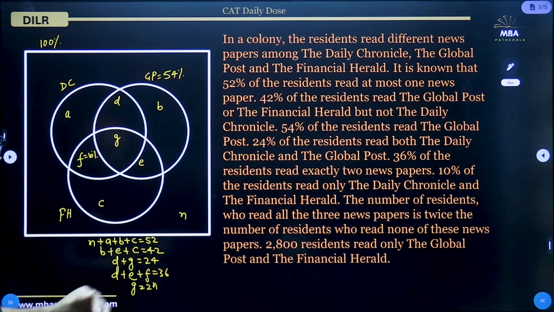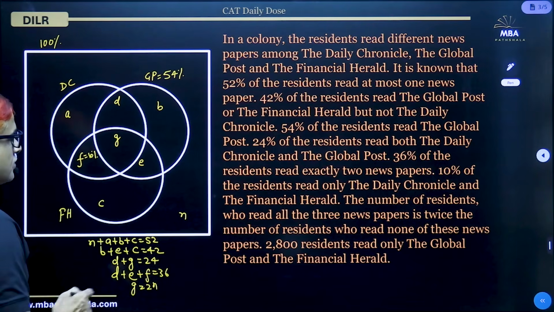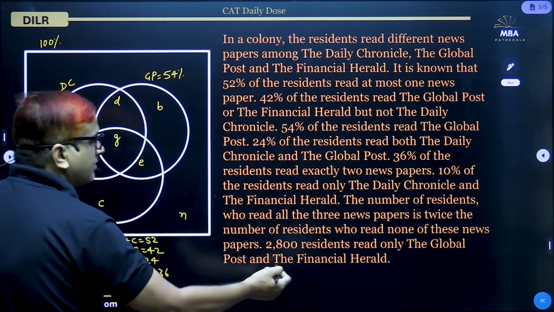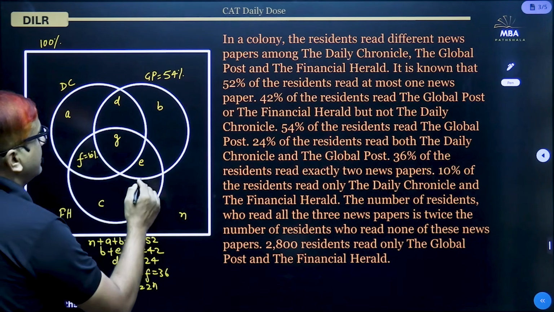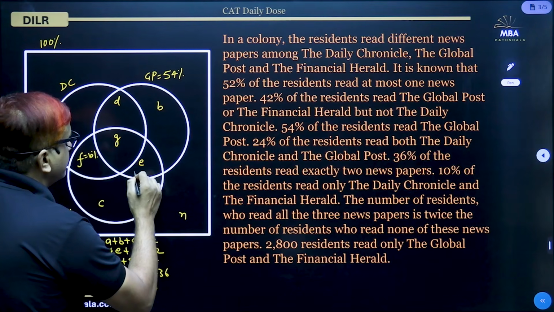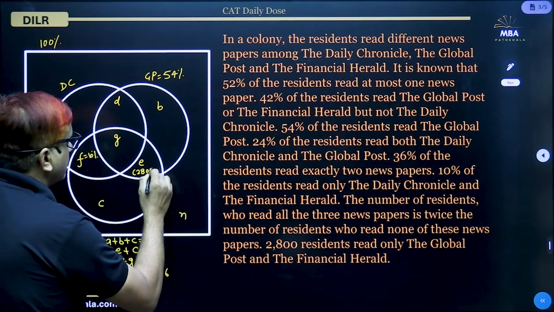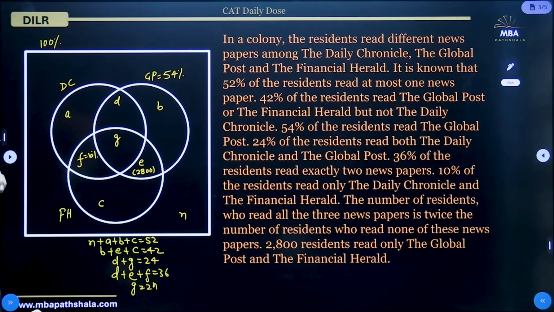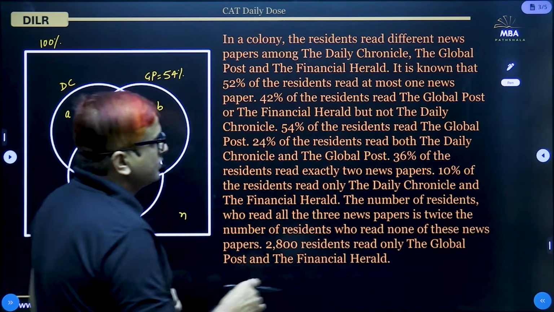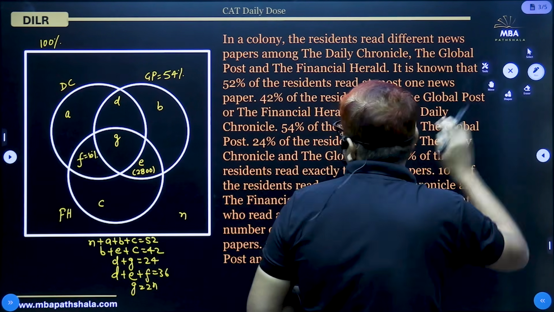And the last line is saying that 2800 residents read only the Global Post and the Financial Herald. So only the Global Post and Financial Herald, that is E, the exact value of E is given as 2800. So this is the exact value. Let us use some different color for the exact value.